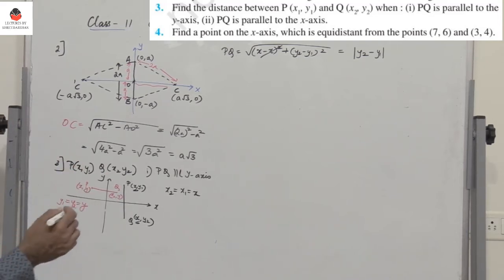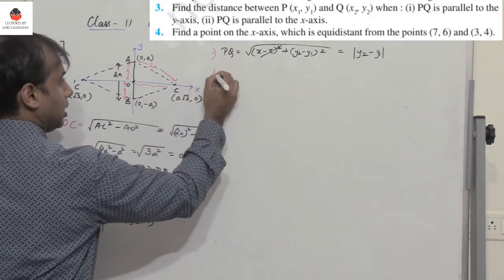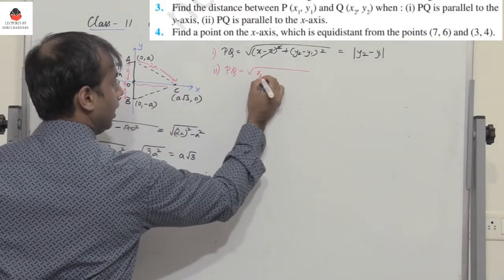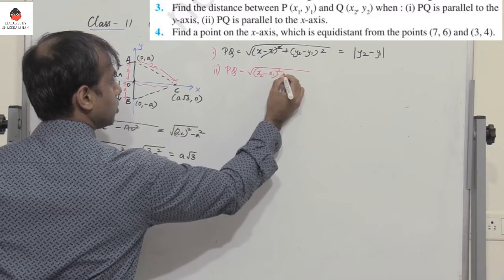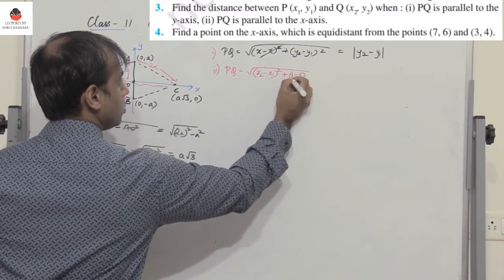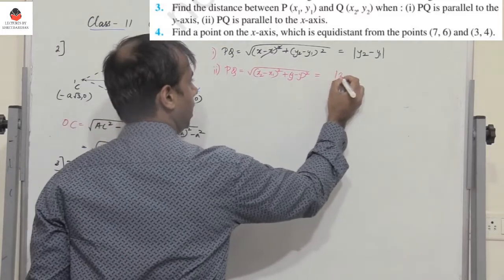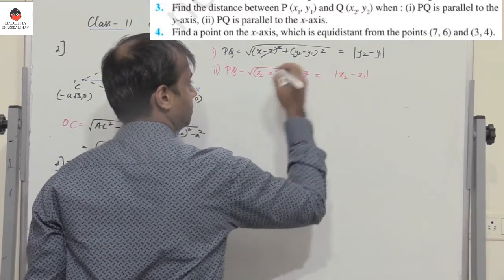I use the same distance formula, where PQ is root of x2 minus x1 the whole square plus y minus y the whole square. So you get the magnitude of x2 minus x1.